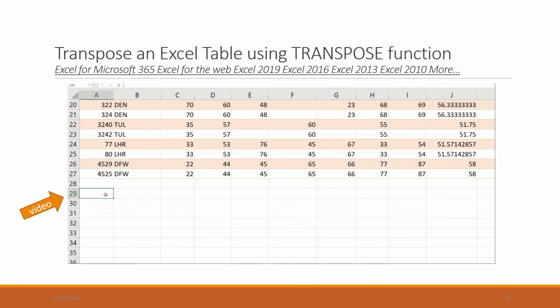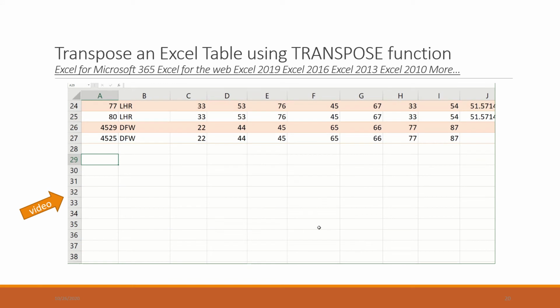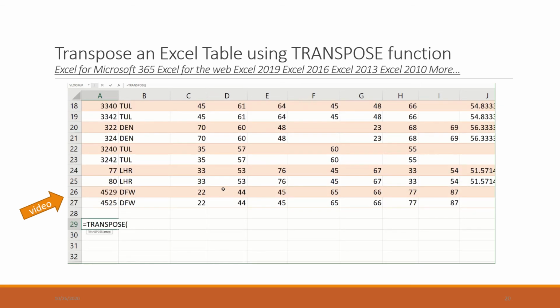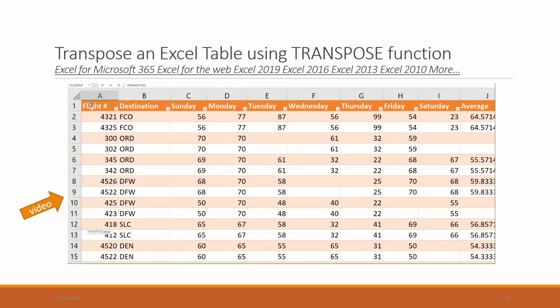That's where we want the transposed data to appear, and we write, let me zoom in a bit more so you can see it better. Then we will zoom out so you see the result. Equal transpose. At this point, you need to select the range of data you want to transpose, which is the table.